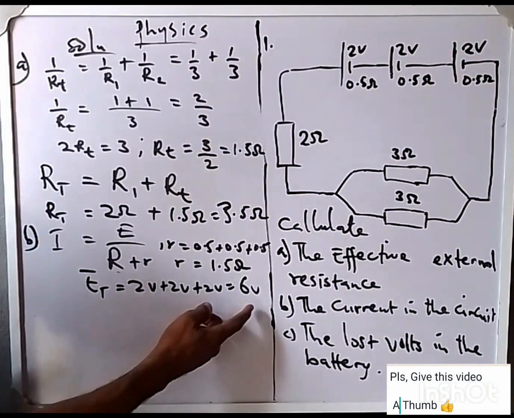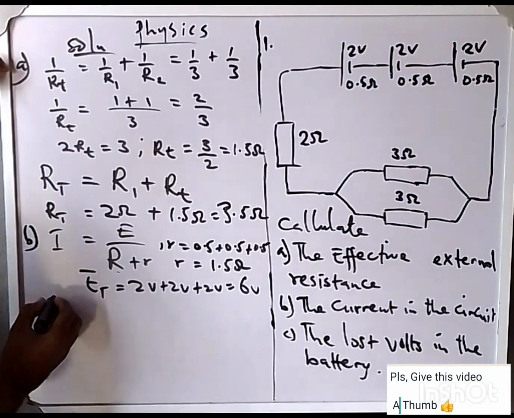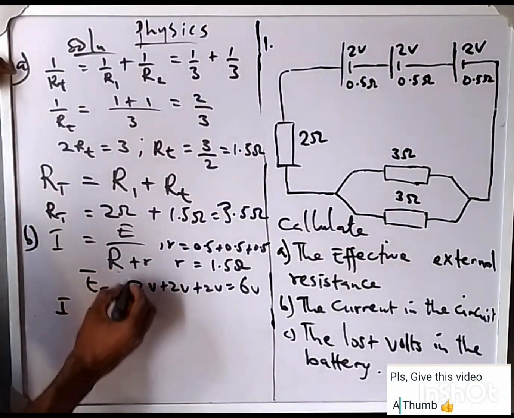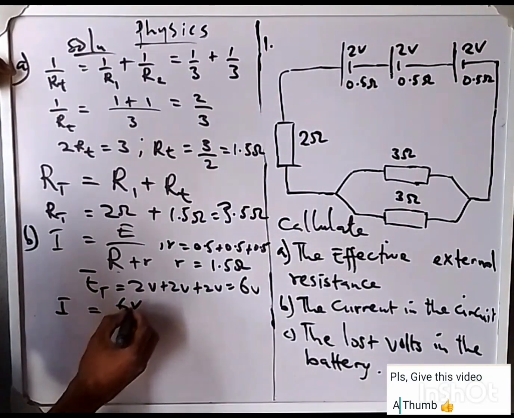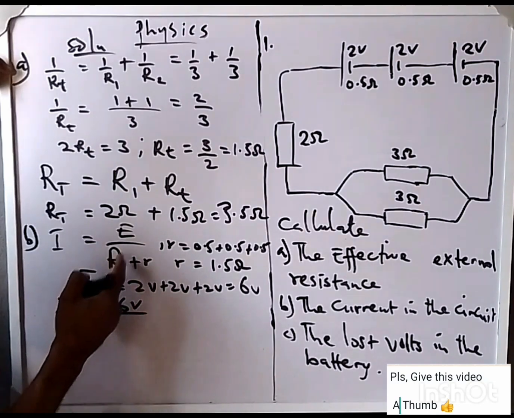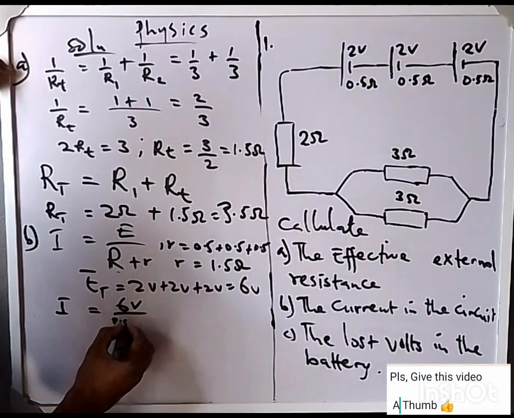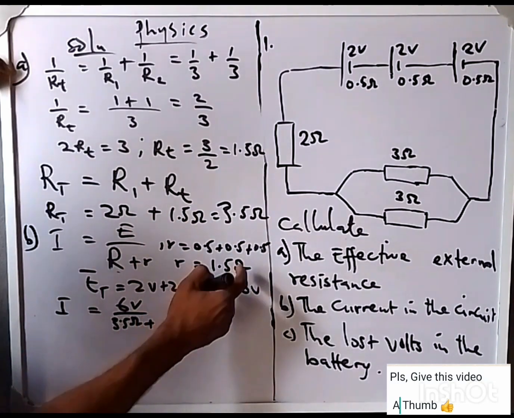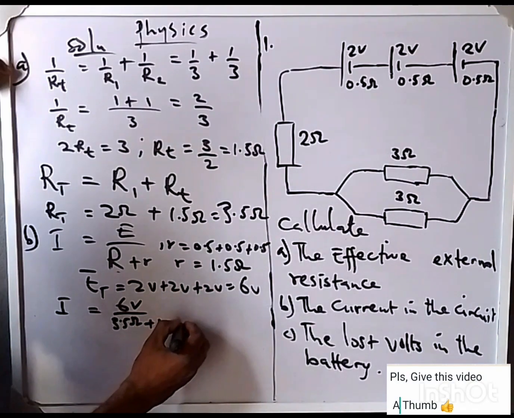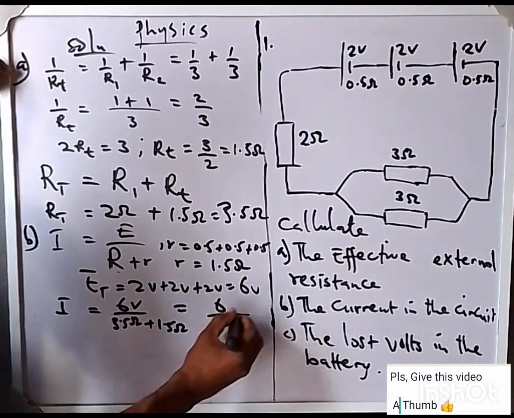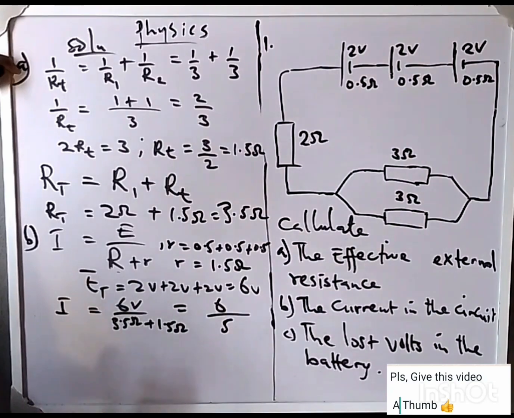And that's how we're having 6 volts. So current is equal to 6 volts divided by this R here, which we've calculated to be 3.5 ohms, plus 1.5 ohms. So this is 6 divided by 5.